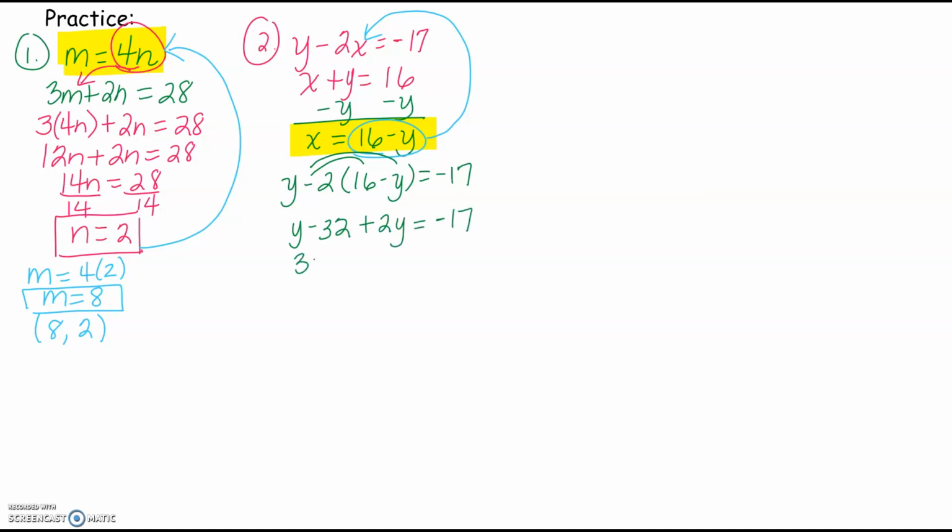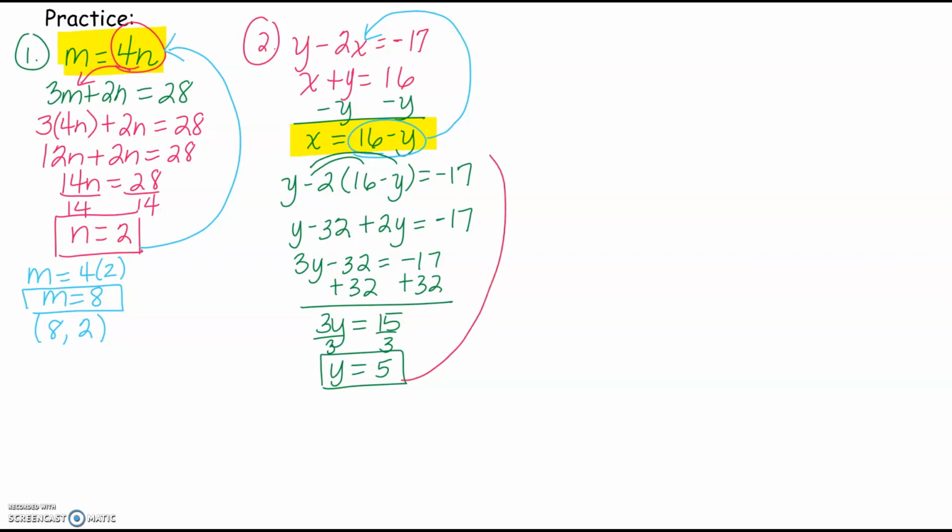I'm going to combine like terms. I get 3y minus 32 equals negative 17. I'm going to add 32. And I'm going to get 3y equals 15. I'm going to divide by 3. Y equals 5. Now I know what y is. I'm going to take that and I'm going to put it back into there to get x.